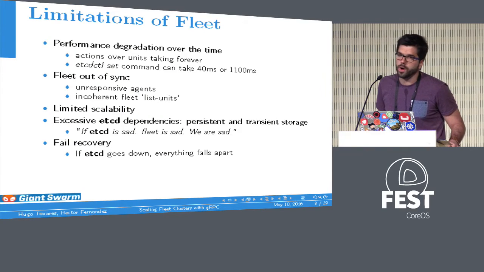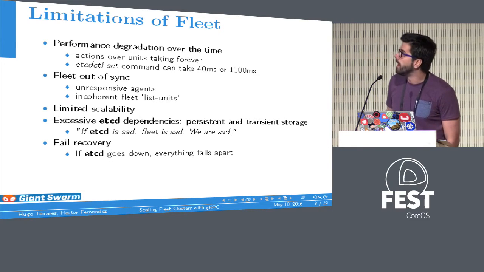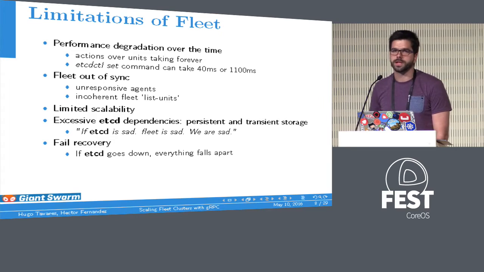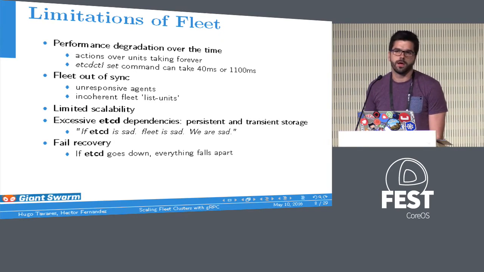So basically, what we figured out is there is a performance degradation over time when you are using Fleet constantly. You are, let's say, creating and removing Fleet units, and we saw that, for some reason, there are some orphan systemd units and some leftover data on etcd, and that creates a performance degradation.